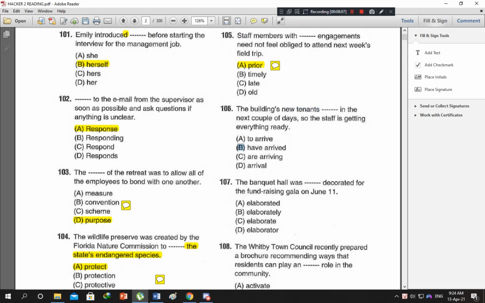So the plural verb is B or C. B is present perfect, and C is present continuous. So we have to look at the timeline. The time is in the next couple of days, so it means future. So the answer is C.